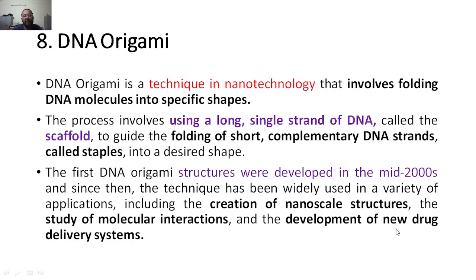Next, development of new drug delivery systems. What is a drug delivery system? A delivery system is to deliver something. Here, drug delivery means inside our body. Whatever drug we take as a tablet, it will have 90% sugar and only 10% drug. By the time we eat it, it goes to the stomach where there are a lot of enzymes, water, and acidic conditions, and it will be degraded.